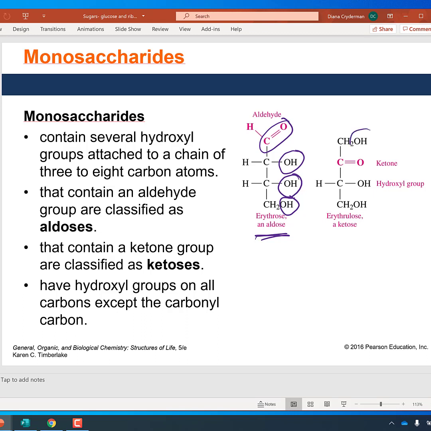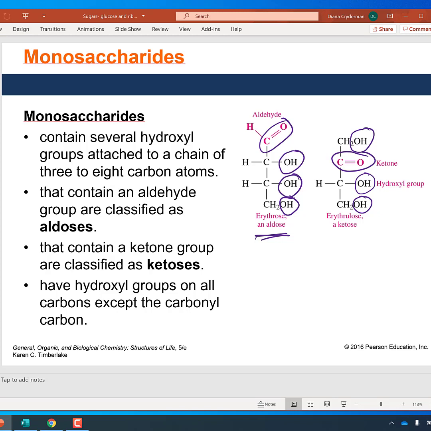Our other example here, you can see the same. Alcohol or hydroxyl present in every one of them except the one that's involved in a carbonyl. Okay, so we'll call it either an aldose or a ketose. That's how we'll group them, depending on if an aldehyde or a ketone is present.